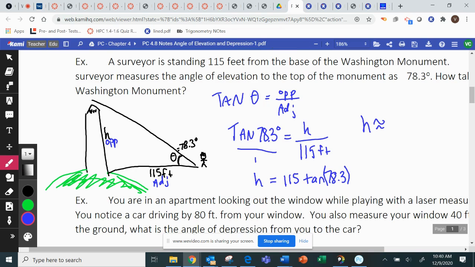All right, Belle, did you get it? 555 point 314.